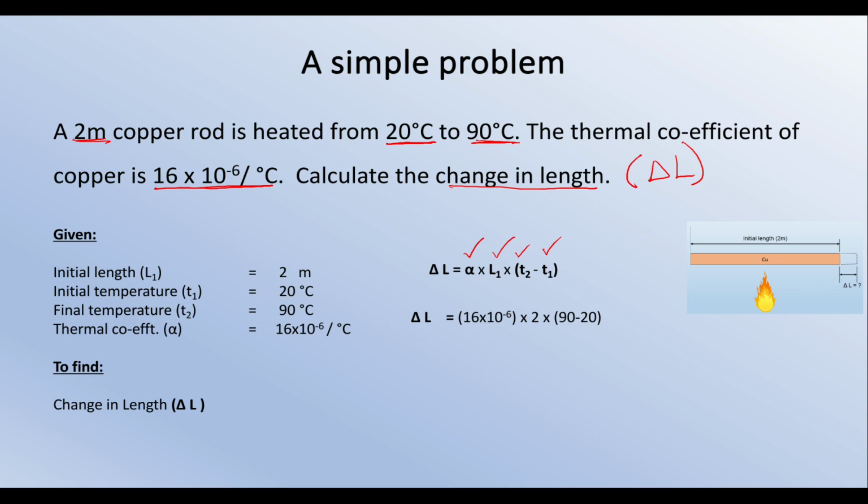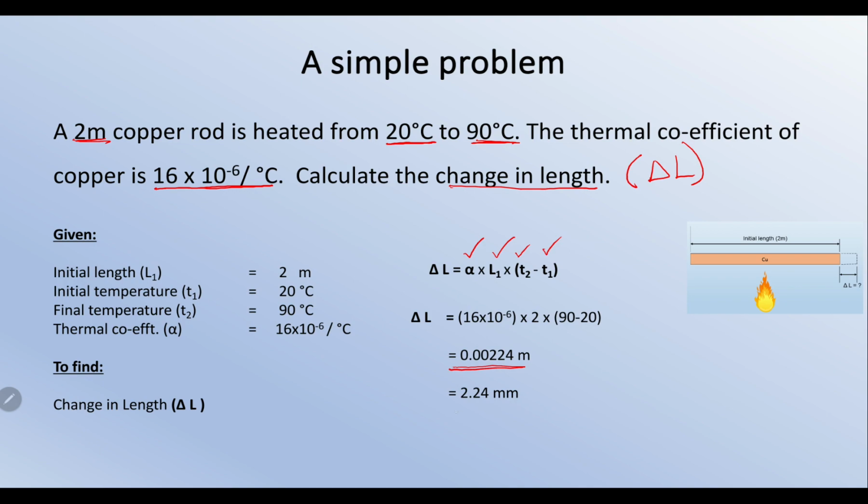Now some of you might want to pause the video and try to put it in your scientific calculator and see if you get the result, because some of you might struggle with scientific calculators initially. Okay, so when I put it in my calculator, I get the value 0.00224 meter.